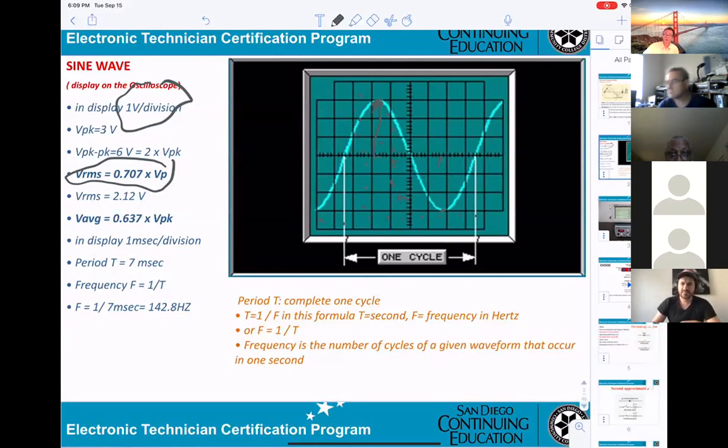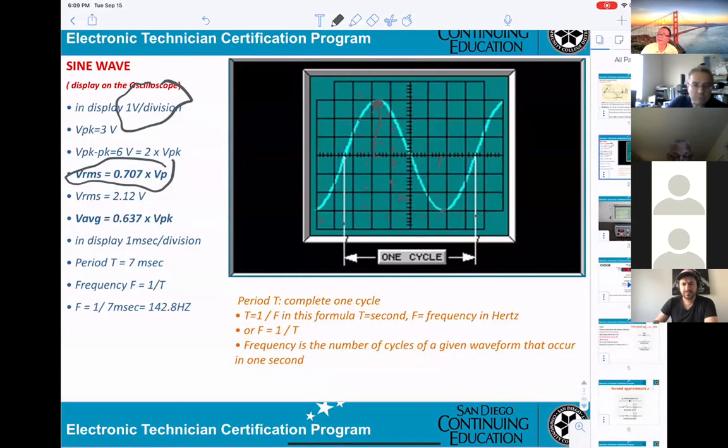Okay? So that brings up another thing. When you measure the voltage on the oscilloscope, the only voltage you can get is V peak or V peak to peak. You cannot get VRMS. If you want it, you have to do a calculation. That means you take VRMS equal 0.707 times V peak.